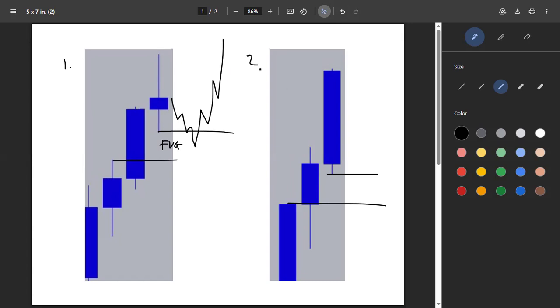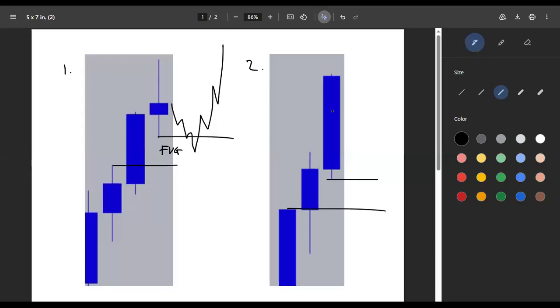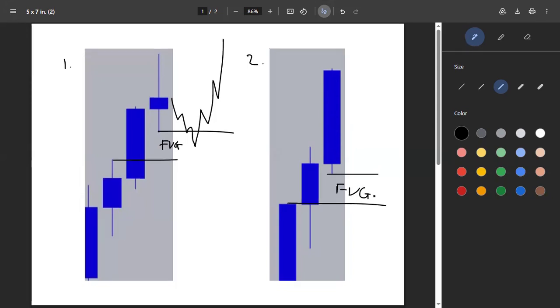But if you see the second scenario, where the third candle has a very big body, like the biggest momentum, then when you see this big momentum in the third candle, most of the time the fair value gap doesn't work.